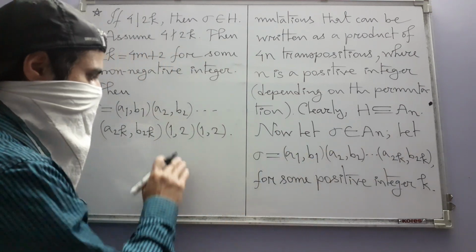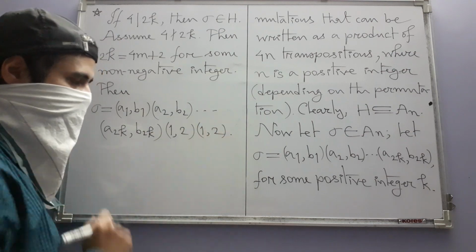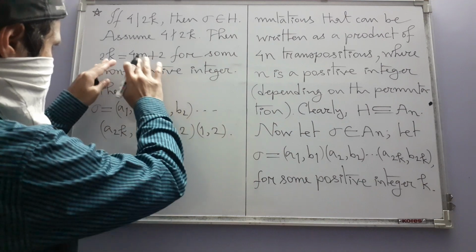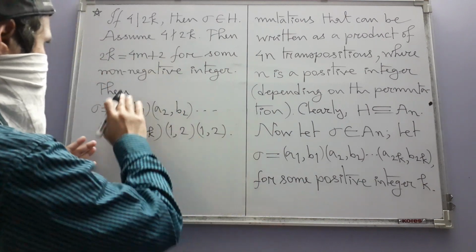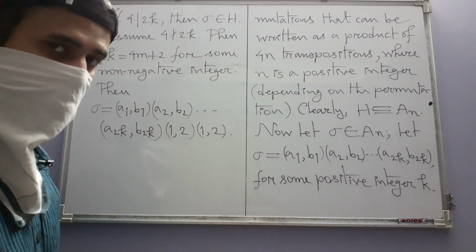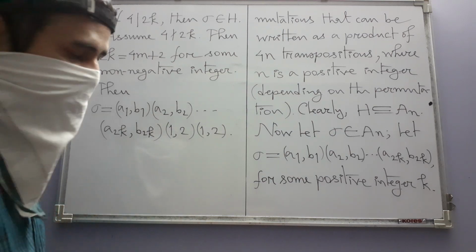They may be non-disjoint also, just like this one here, both are the same. So now the total number of transpositions is 2k plus 2, that is 4m plus 2 plus 2. So which is 4m plus 4, so that is a multiple of 4.